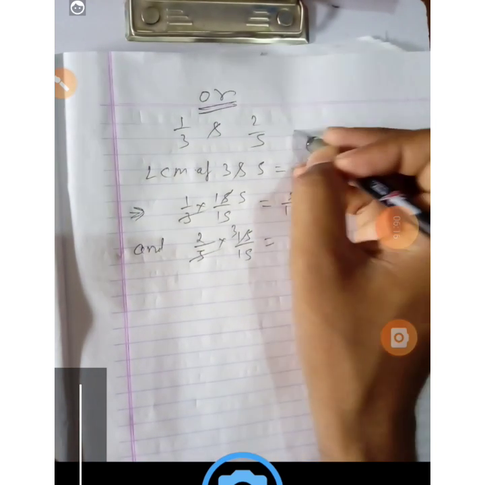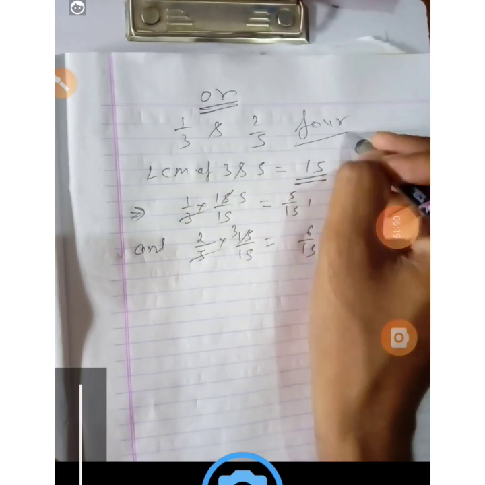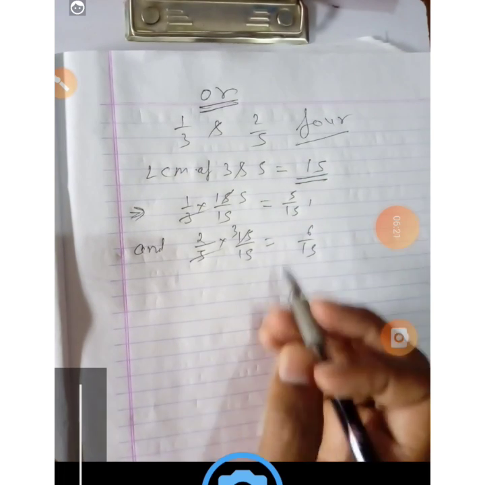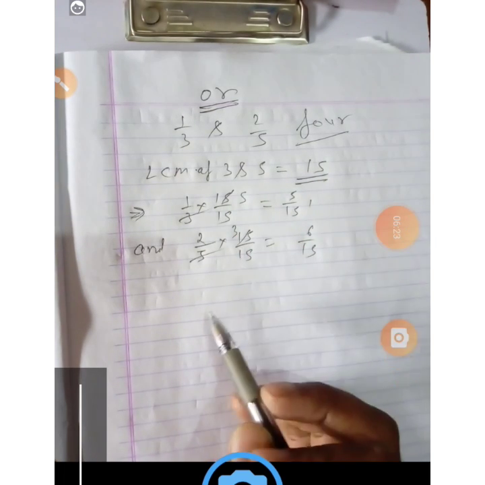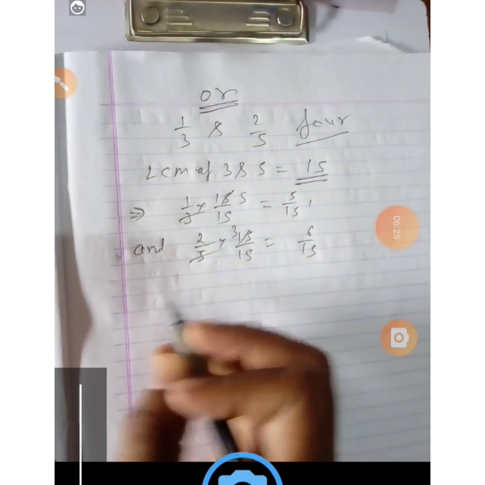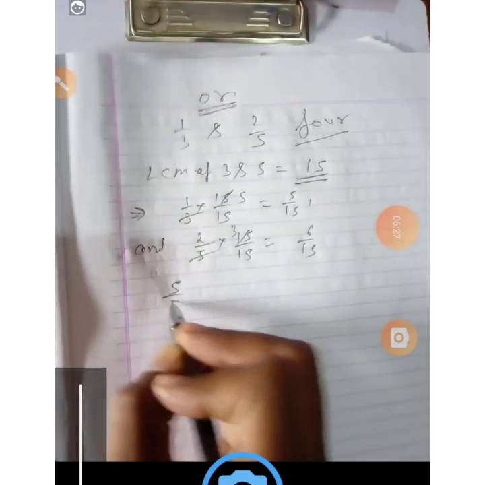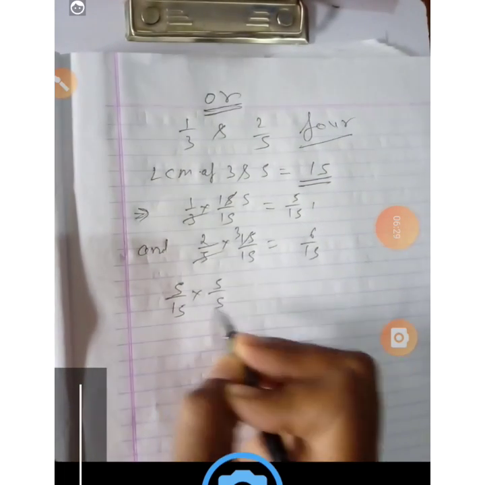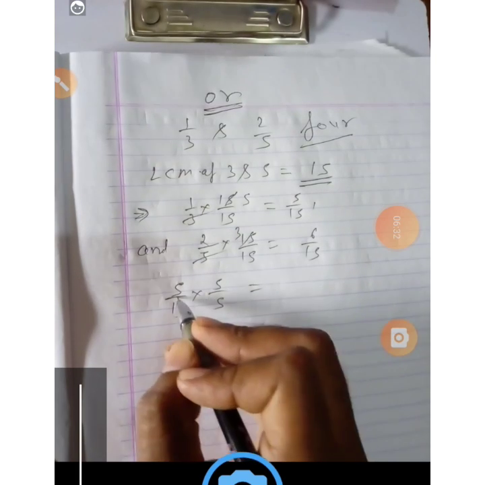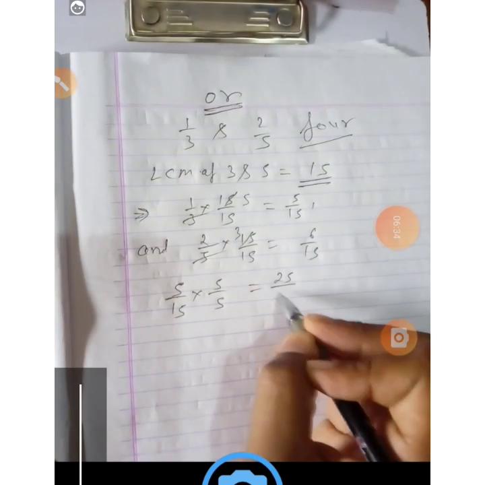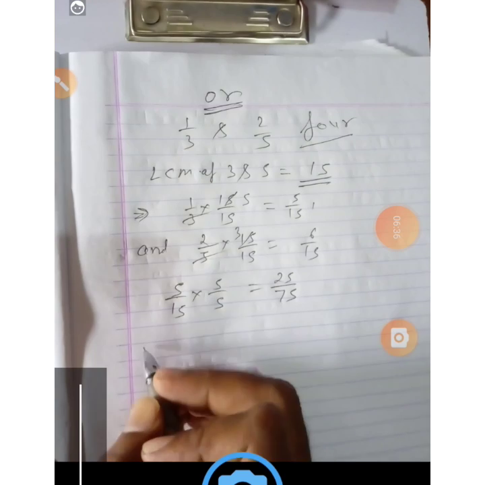We want to find 4 rational numbers, so we multiply the numerator and denominator by 5. 5 by 15 multiplied by 5 by 5 gives 25 by 75.